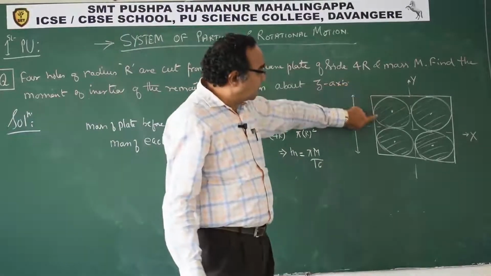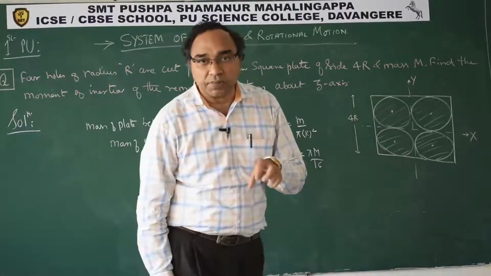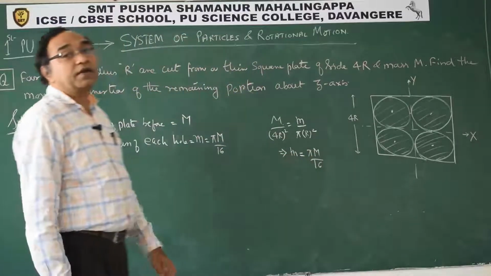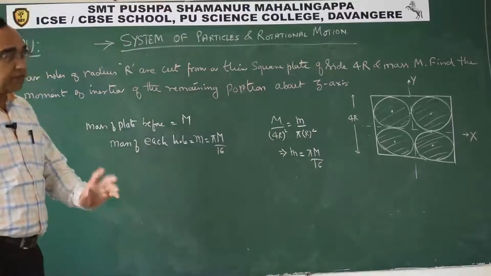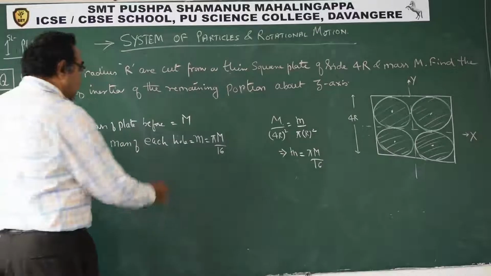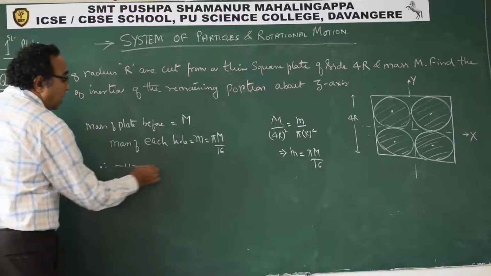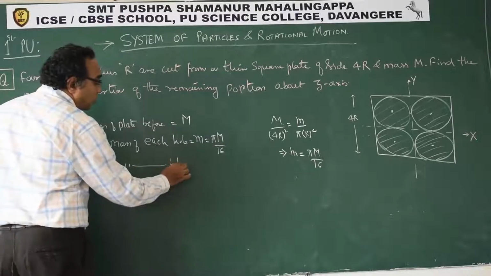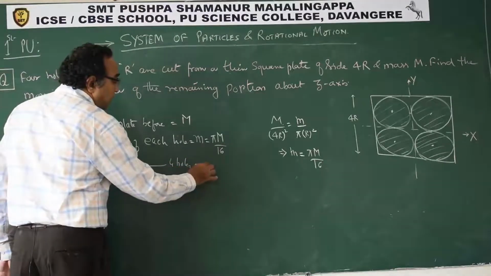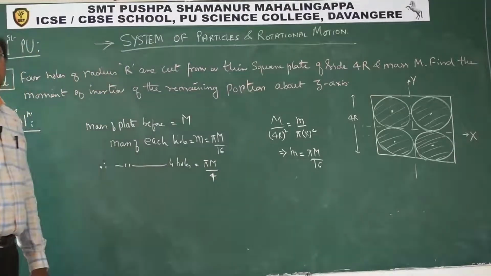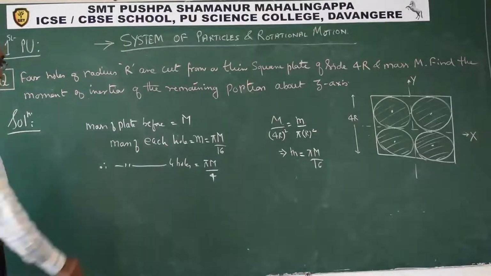Thickness of the plate and the hole which you are punching is same. That is why mass per unit area will remain constant. That is the concept which is involved. Now we got, therefore mass of 4 holes, this will be pi m by 4. We got mass of those 4 holes.